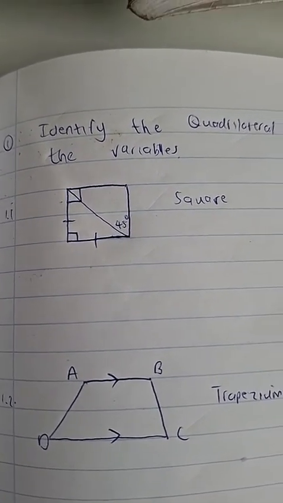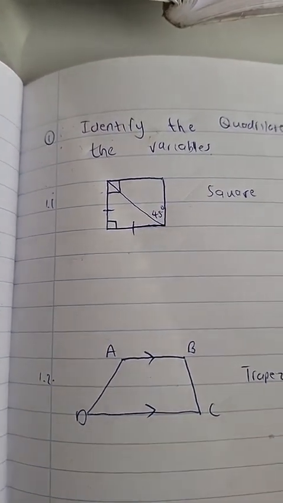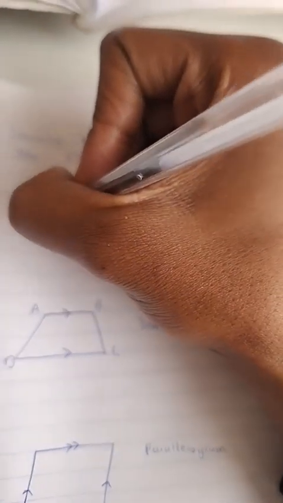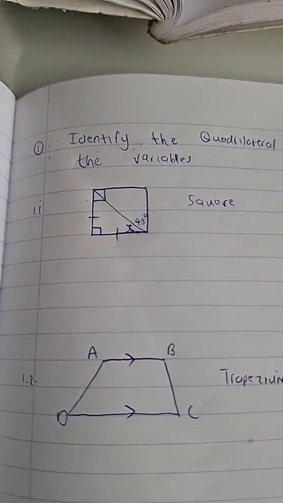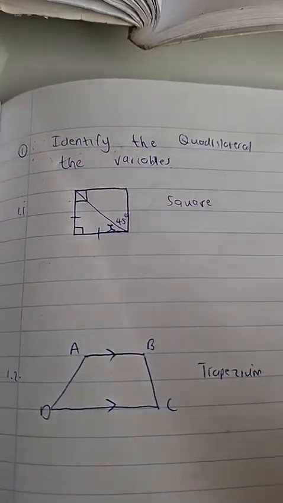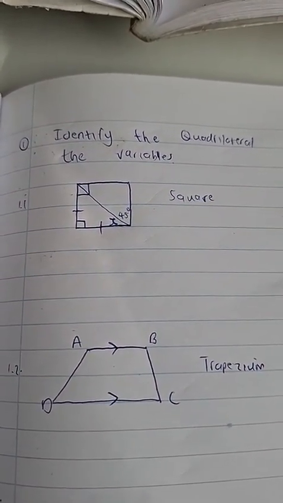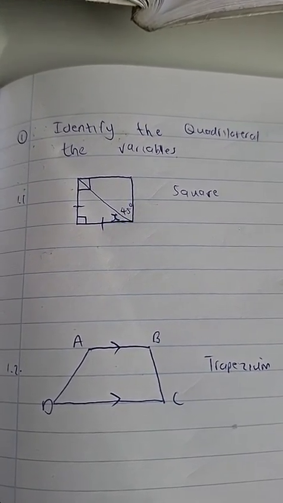Now, I want to step up just a little bit and add variables here as we conclude today's session. If I was to ask, what is the value of x? What would you say?